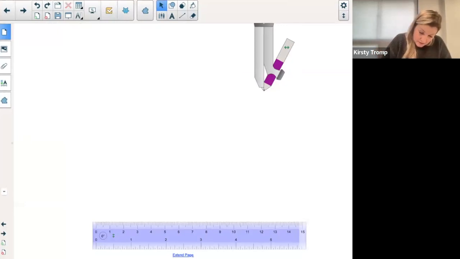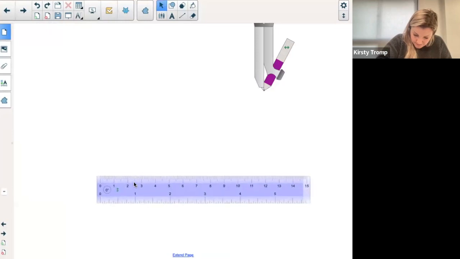All right. So here is my ruler. Hopefully you've got your ruler on you. Remember, we are doing this using a pencil. Okay, so we're doing it using a pencil, please.